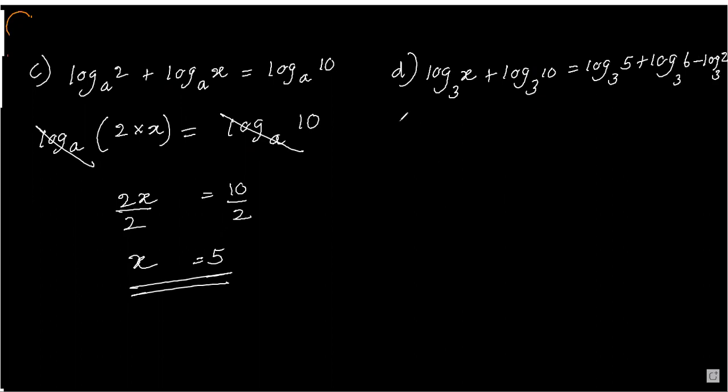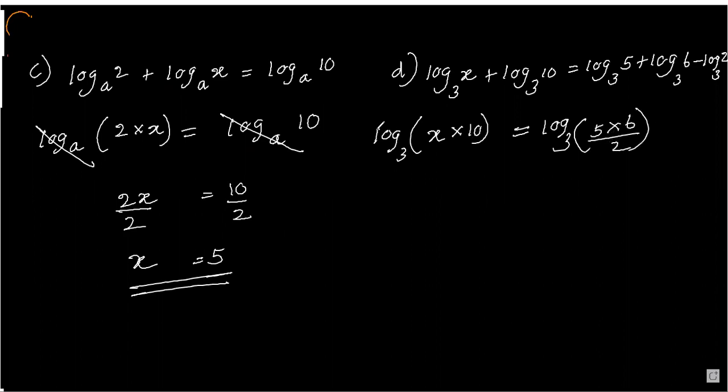Log 3, 2. Then we can take log 3 out. X into 10 equals, here also log 3 out, 5 into 6 divide by 2. Log 3, 10x equals 5 into 6, first divide like this. 3 times 5, 15. X equals 15 divided by 10, 1.5.